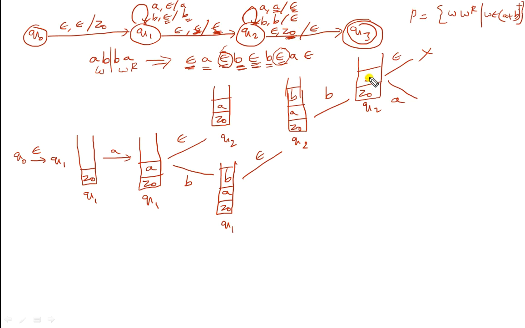Yes, it is A. Then you are going to pop A. Then only Z0 will be there at the current location. The state will be the same, Q2 on A, Q2 itself.